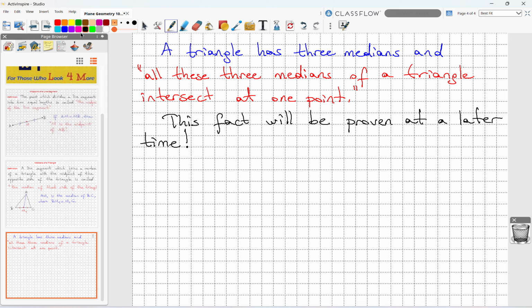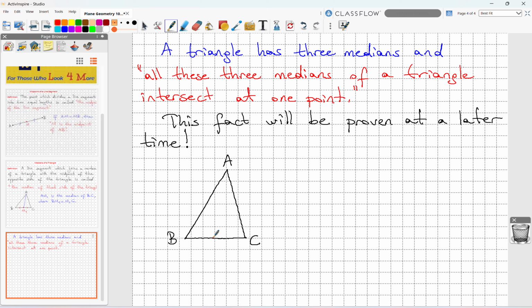Okay, let's quickly demonstrate what I said here. I'm just now accepting this fact and drawing the medians respectively. I couldn't find the correct word. I apologize.